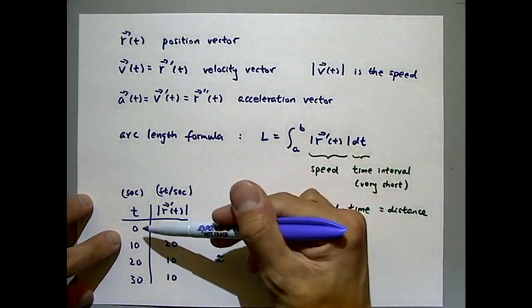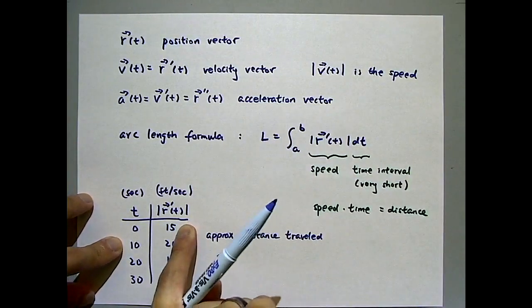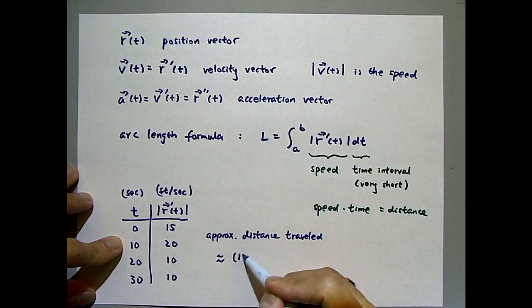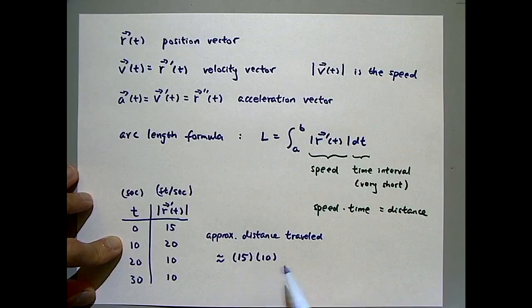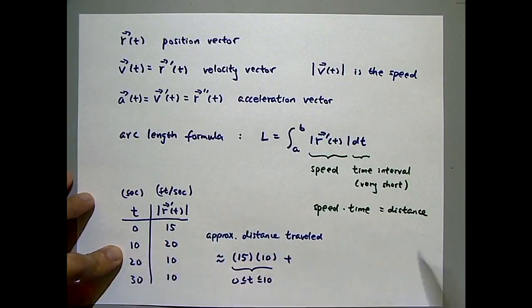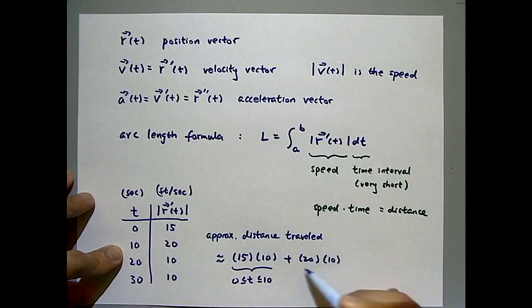So during the first 10 seconds, we can take the beginning speed as the average speed: 15 feet per second times the 10 second difference. This is on the interval 0 to 10. And then for the next 10 seconds, we do the same thing, interval from 10 to 20.